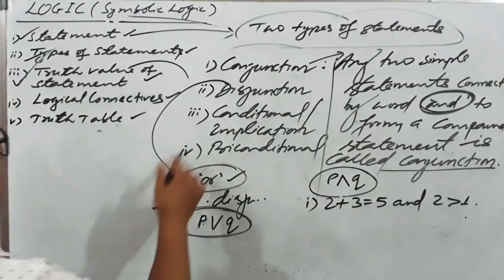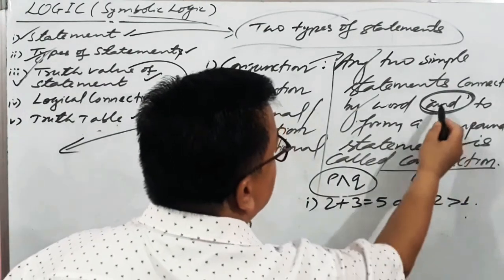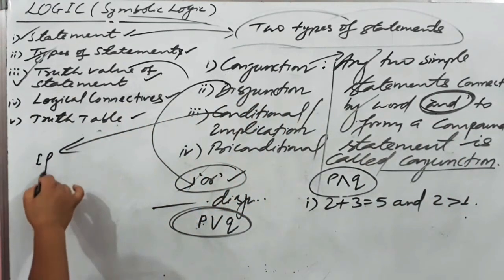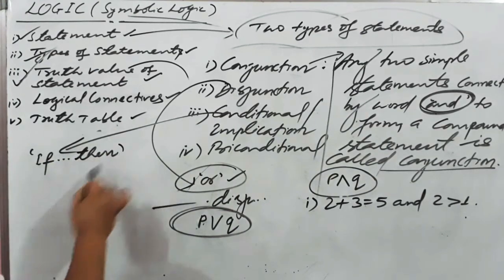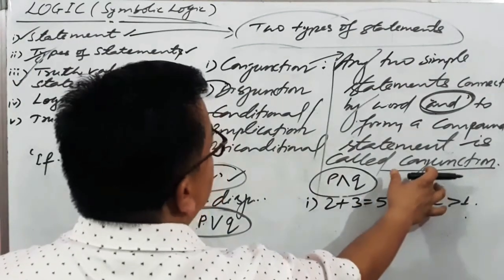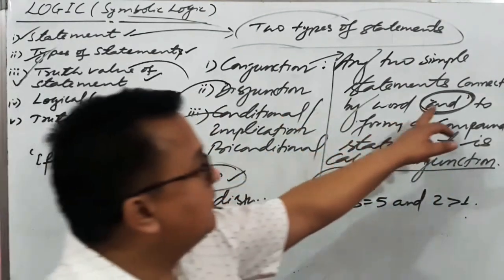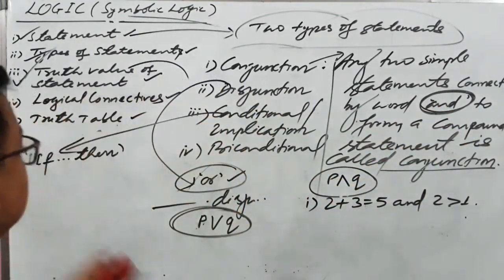And in the conditional, what happens? Here only this word will be changed. And is replaced by if, then. So your conjunction becomes a conditional, right? Now what will be the definition of the conditional?